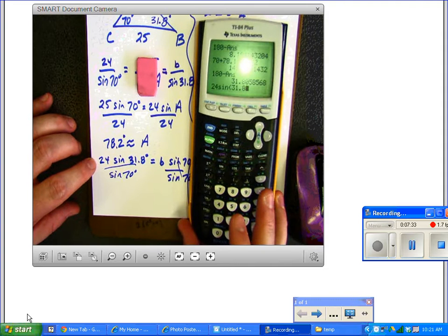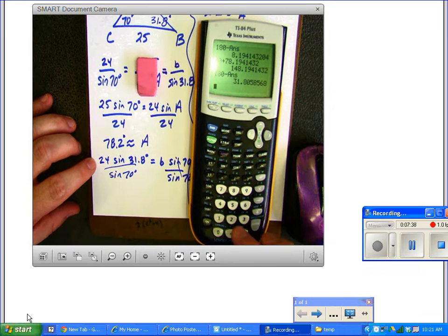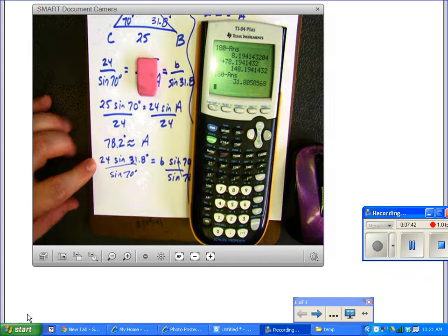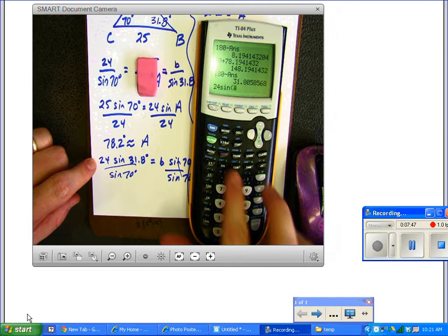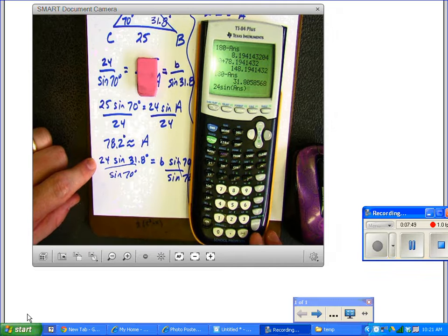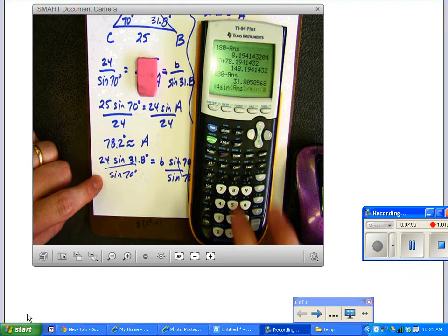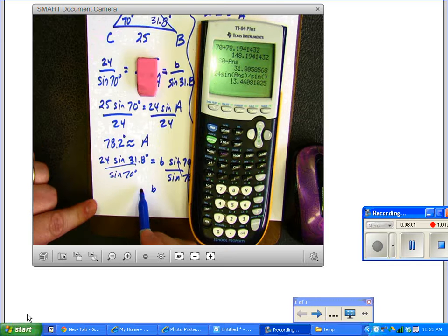I can't push in 31.8 because it's not exact. I got to copy and paste it, or I'm going to use answer there. 24 times sine answer. That would be an easy mistake to make, wouldn't it, if you weren't really thinking about it. So little b here is about 13.5.